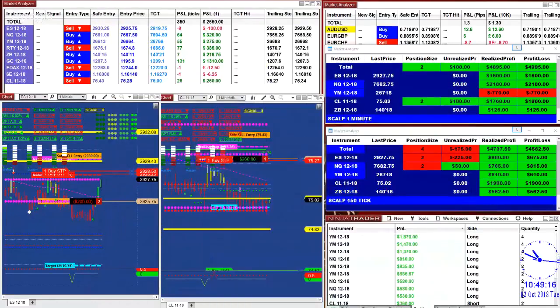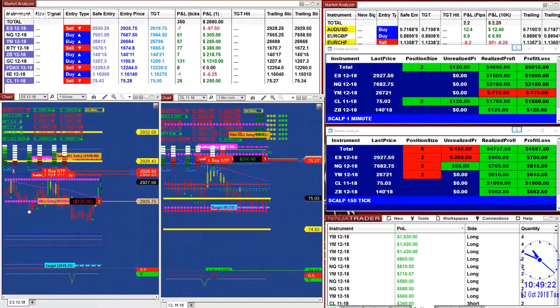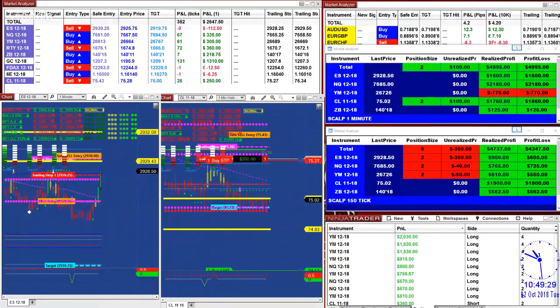The YM refused to die. So this is it, guys. This is the last stop on the ES. And if it's able to break it, it's able to break it. Oh, there are a lot of buyers. It's finished.